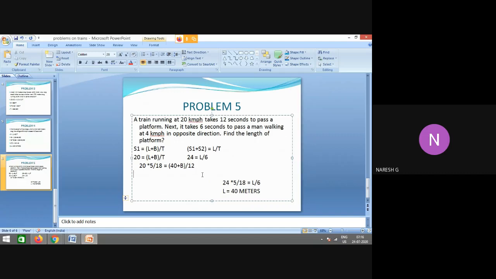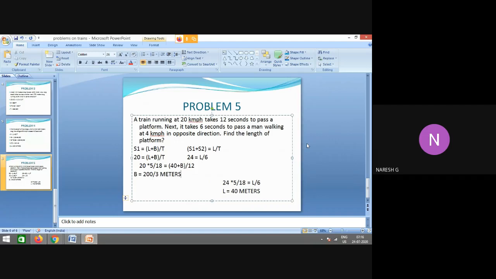So 20 into 5 by 18 equal to (40 plus B) divided by 12. Just by simplifying that, you will get B equal to 200 by 3 meters. So the length of the platform is 200 by 3 meters.